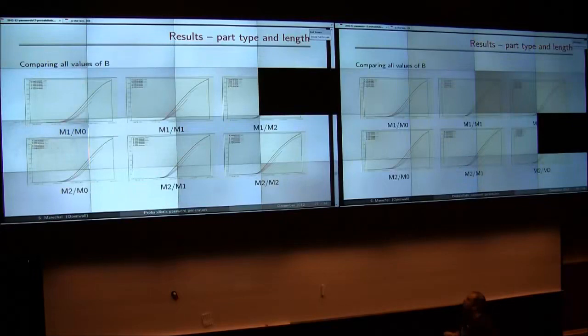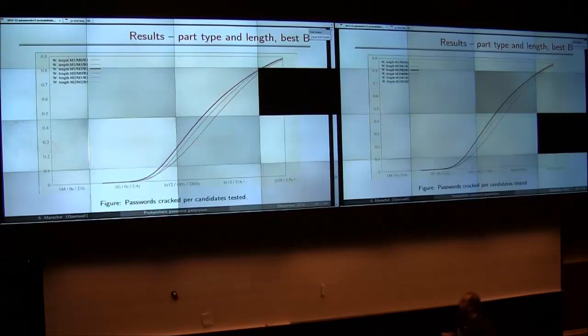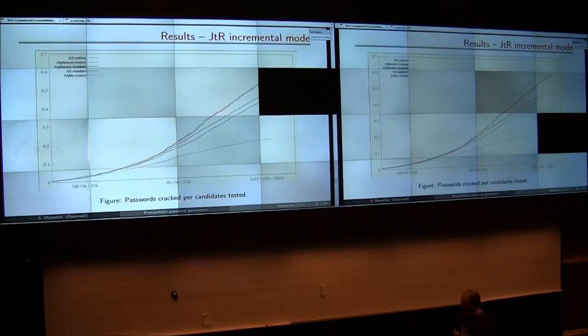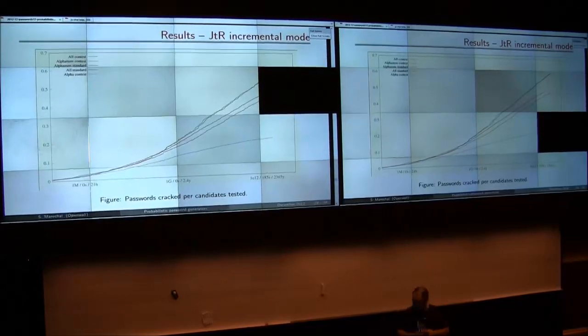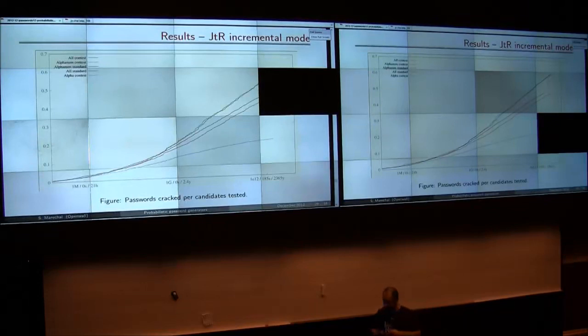Same thing for part type and length. Here it is about the same story, except the constant has a value of 1. And I also benchmarked John the Ripper incremental mode. There are quite a few curves, and the behavior of the statistical generator is pretty interesting. There are two kinds of statistics here. One of them is called standard, and it's what is shipped with John the Ripper.